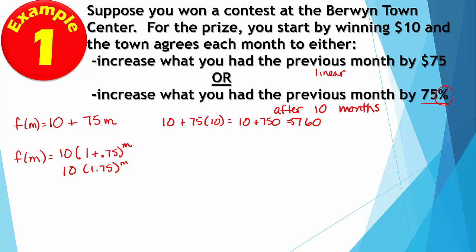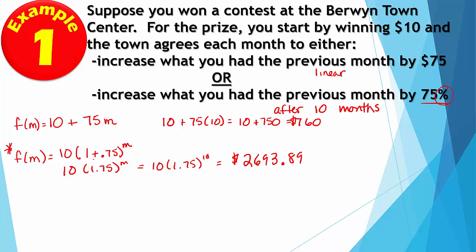Okay, so that's how much we would have by doing it that way. This, we have 10 times 1.75 to the 10th power, which when you put it in your calculator gives you $2,693.89. So obviously, this one's going to give you more money after 10 months.